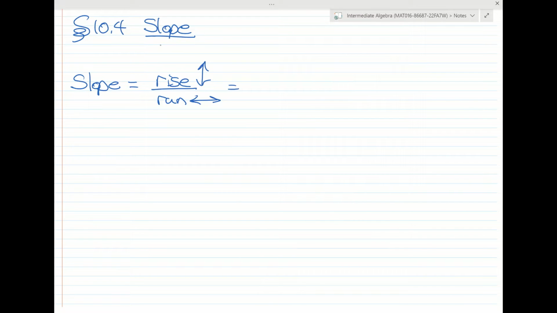Rise is also the change in the y value over the change in the x value. Delta is that triangle, that just means change. The formula that we typically use is we subtract the y values over we subtract the x values.